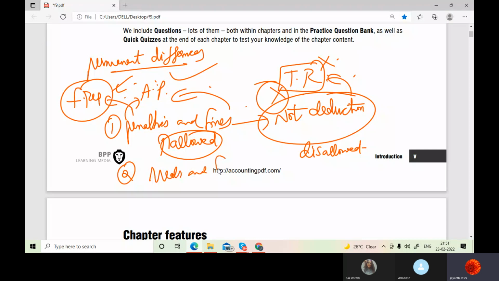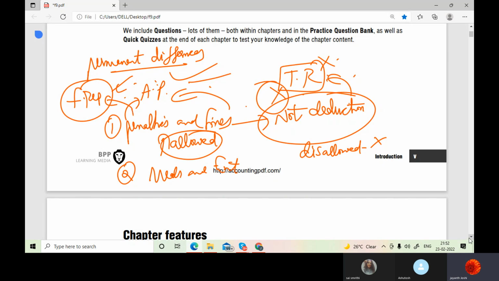Meals and entertainment. Again, meals and entertainment you can show in this, but not in this. You cannot deduct. See what happens. Companies can expense 100% of the cost to provide business related meals and entertainment that they incur in the normal course of business.